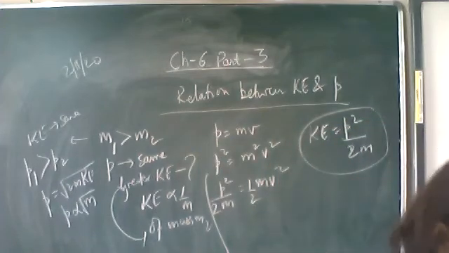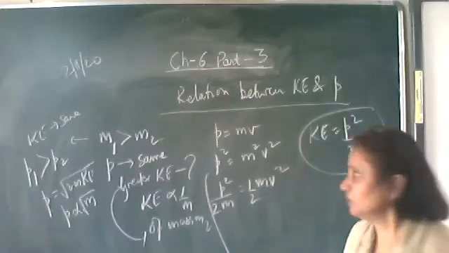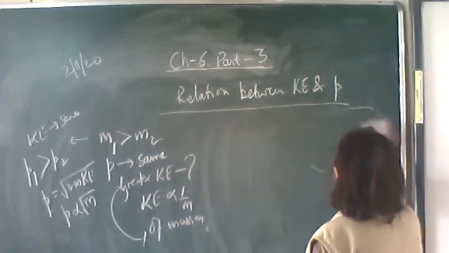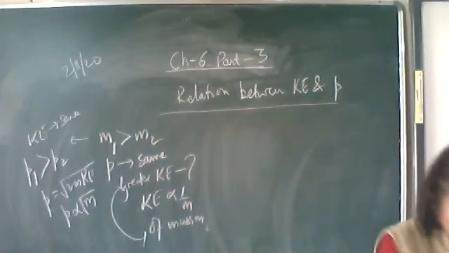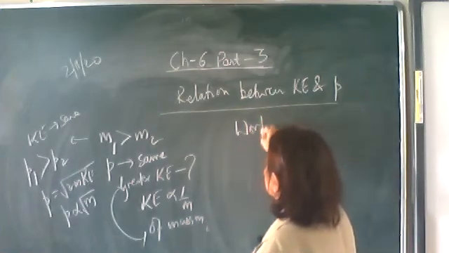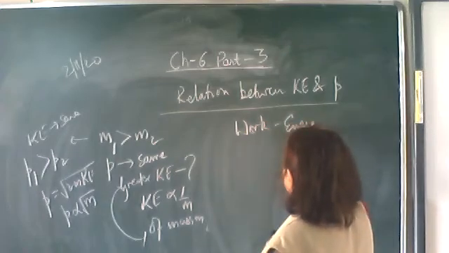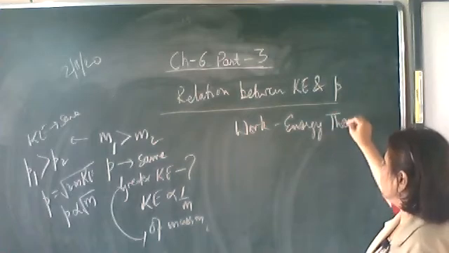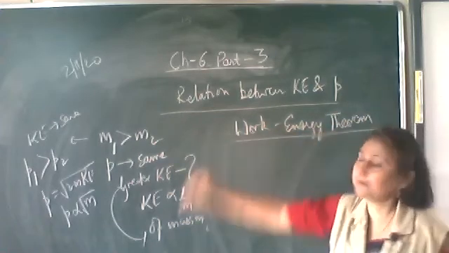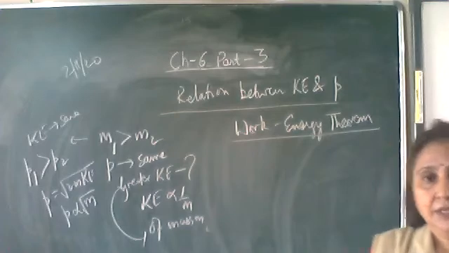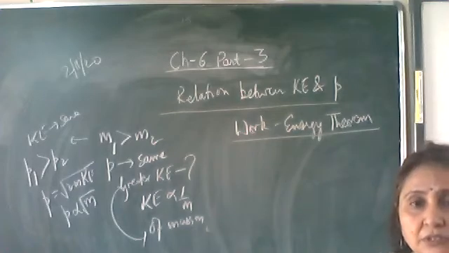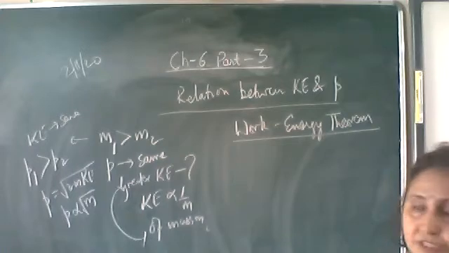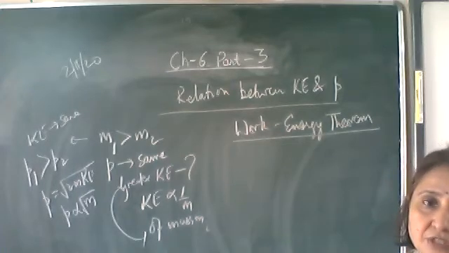Okay, now we'll discuss the work energy theorem. Write down the work energy theorem. First write its statement. It states that the work done in displacing a body is equal to change in its kinetic energy.